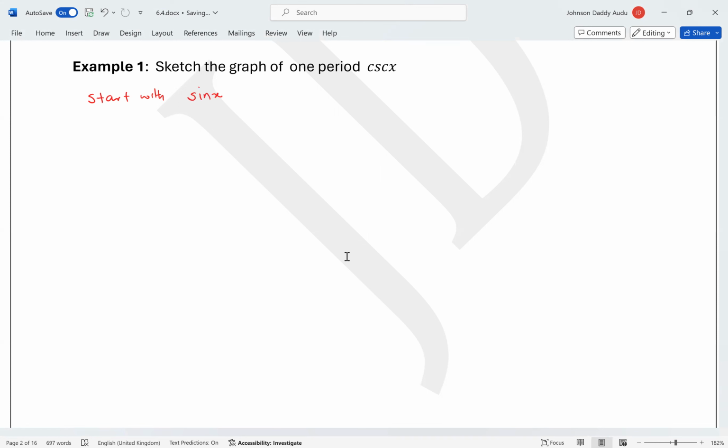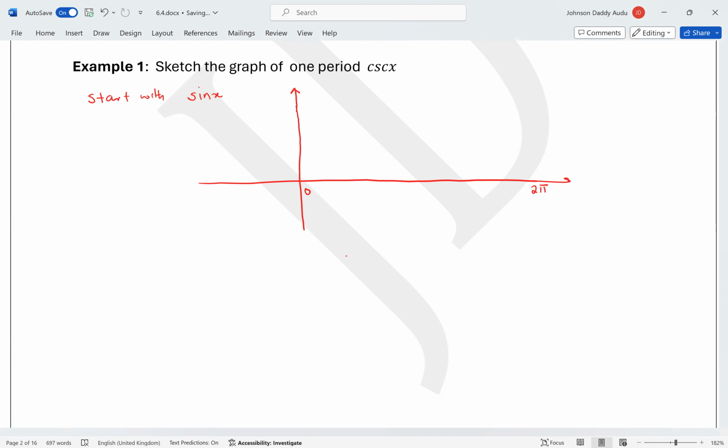So this is what we call the helper graph. For sine of x, we know how it is. We know the period is from 0 to 2 pi. So sine and cosec have the same period. And how do we sketch the graph?